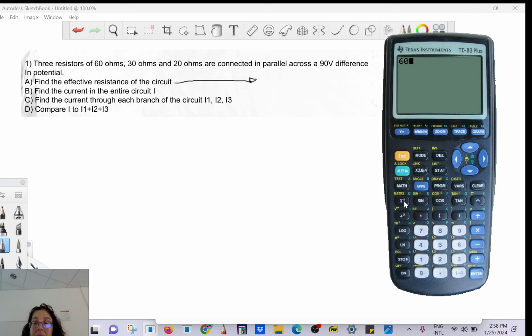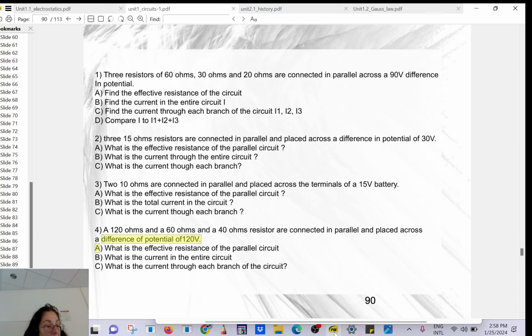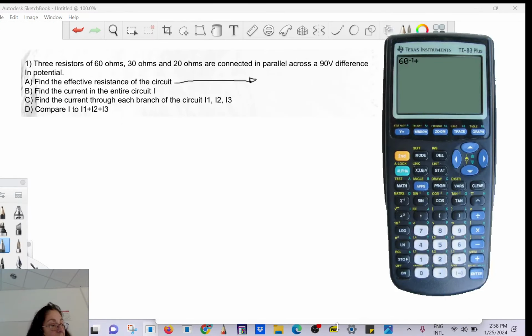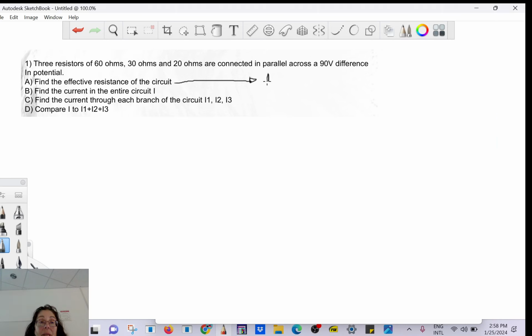Yes. 60 to the minus 1 plus 30 to the minus 1 plus 20 to the minus 1. Whatever you get, you flip. So 10 ohms. Do you agree? Yes. Okay, that's good.